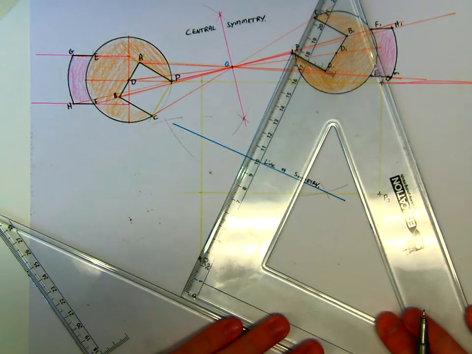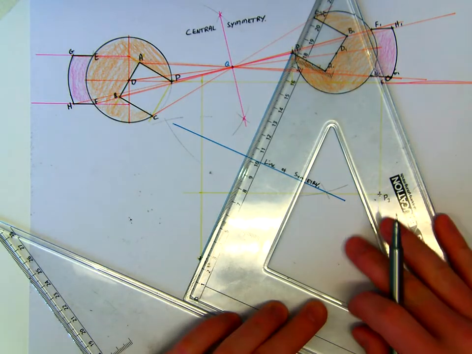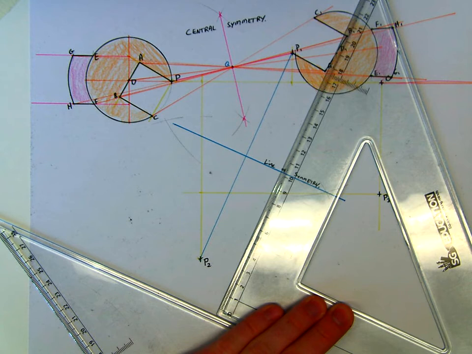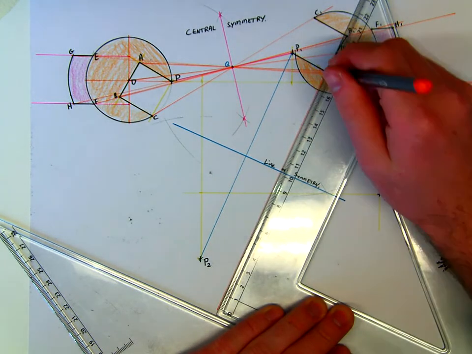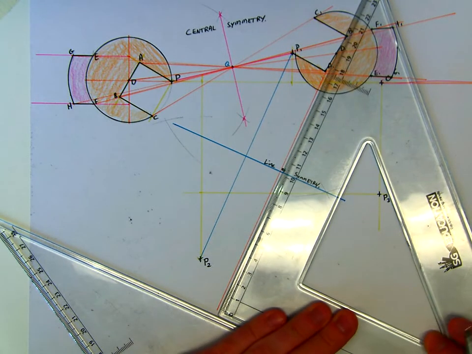And I can make sure that I'm going perpendicular by using sliding set squares between P1 and P2. So I'm going to line up P1 and P2 on my set squares, slide this over, go back to orange for this, and I'm going to draw a light line through the line of symmetry from each one of these points.